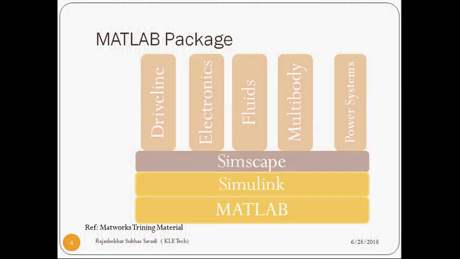In this slide, we can see that Matlab, Simulink, SimScript, these are the support packages. When you buy Matlab, you have to buy them as packages, say 32 toolboxes or 62 and so many. So pricing is based on the number of toolboxes that you purchase. The basic thing that you require is the Matlab toolbox.